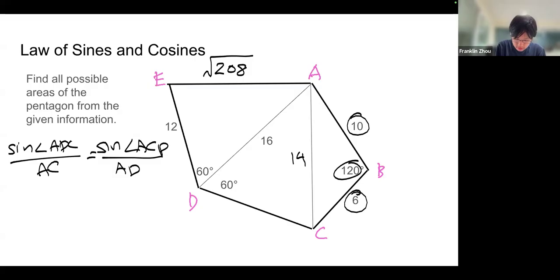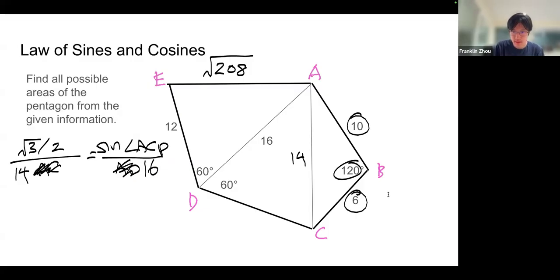This is just basic computation since we can substitute all the values in. For example, the sine of angle ADC was just root 3 over 2, and we know AC is 14 and AD is 16. And the rest is just computation.